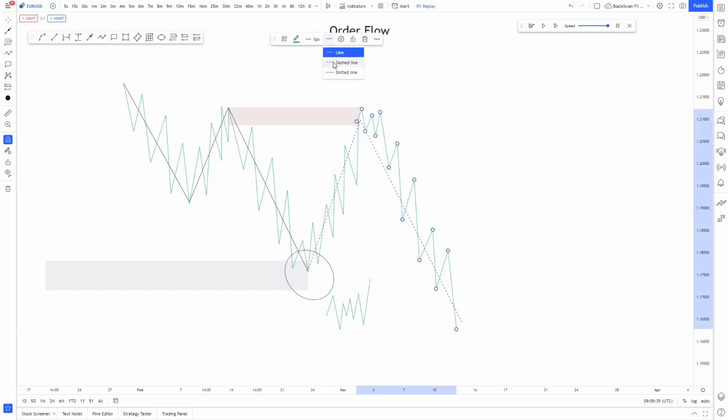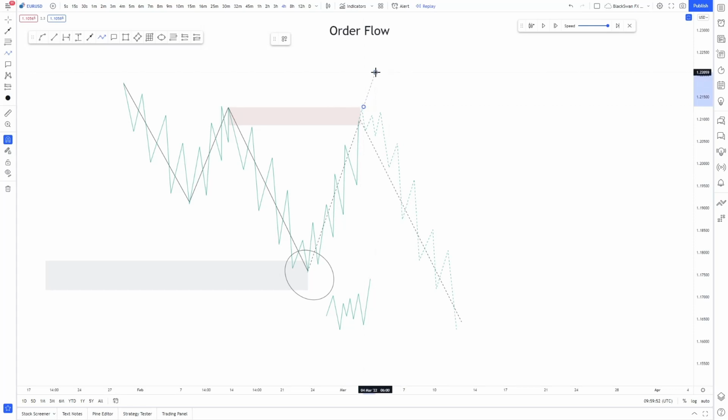Obviously, we'd take partials along the way. So this would be our expectation. But if we don't wait for order flow to shift, this could happen: we just shoot off, trying to sell, and price goes off because we haven't waited for order flow to shift.